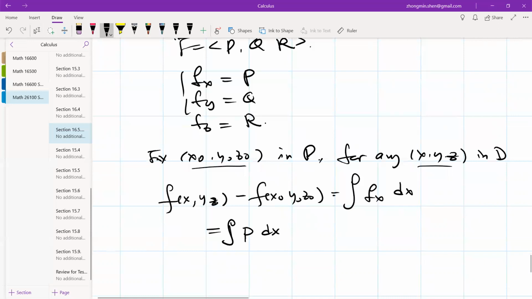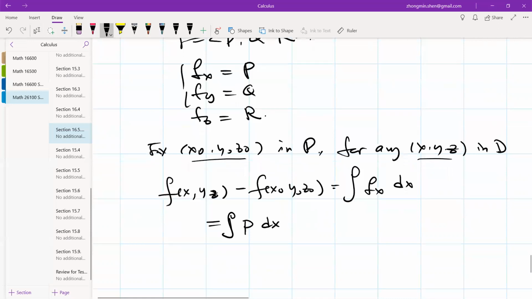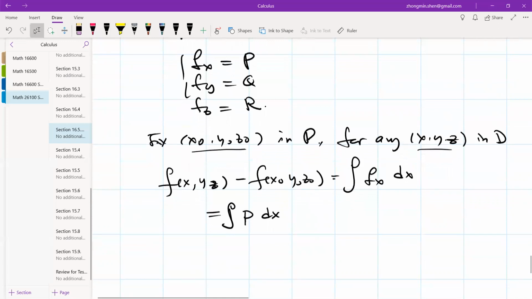After that, you can plug into the second equation. Then you take the partial derivative step by step. Integrate the first equation, and you get this identity.